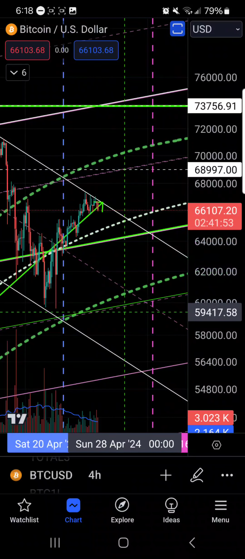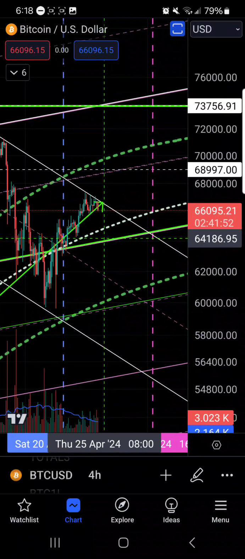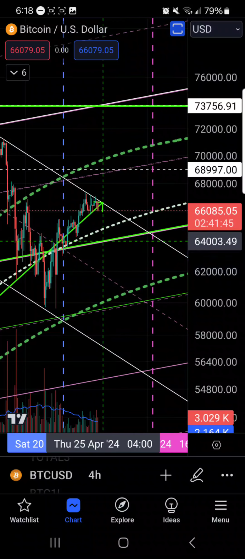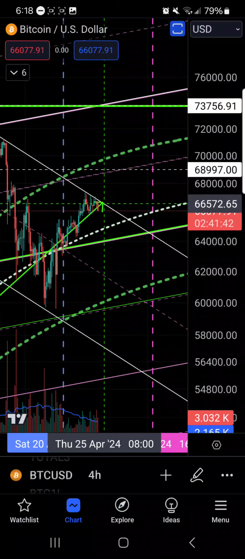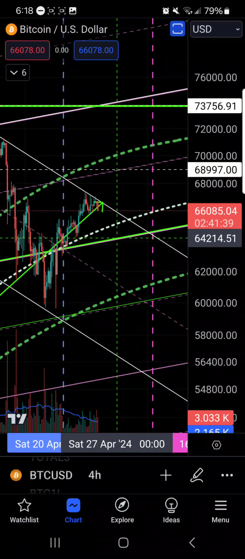I don't think we're going to make that move this week, but possibly over the weekend. But I do see us coming down about 5% into Friday.